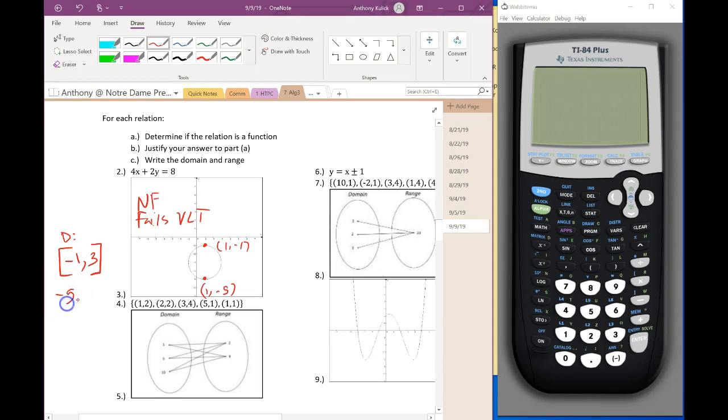So I have -5, -1 for my range. Brackets or parentheses? Brackets, each of these. Again, because we literally have the points on the graph with those y-coordinates on them. Questions about 3 before we move on? Okay. I'm going to erase now. Is that okay?